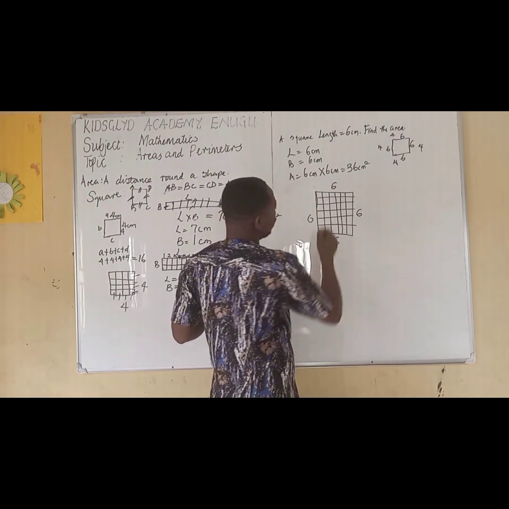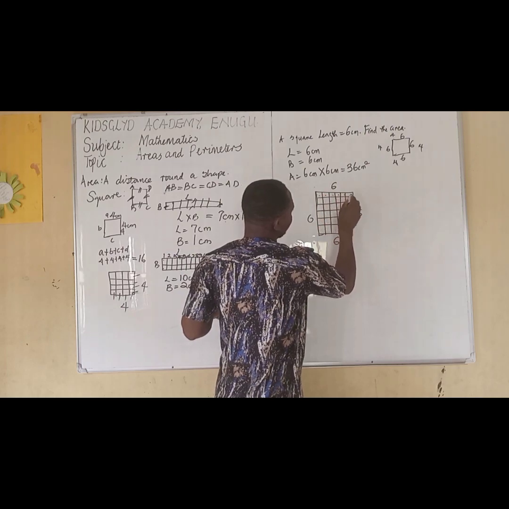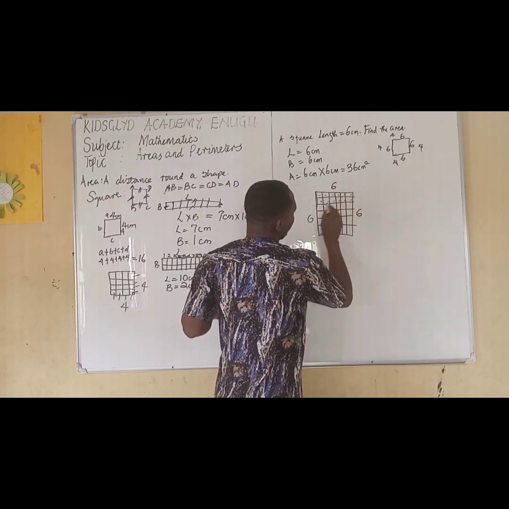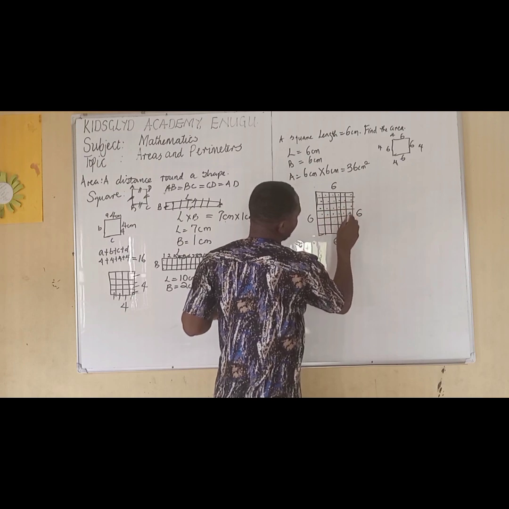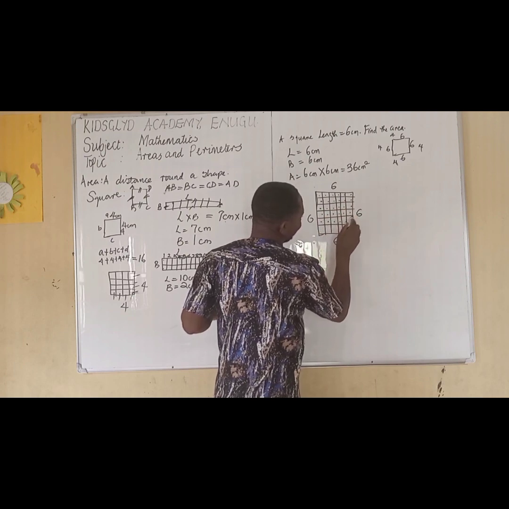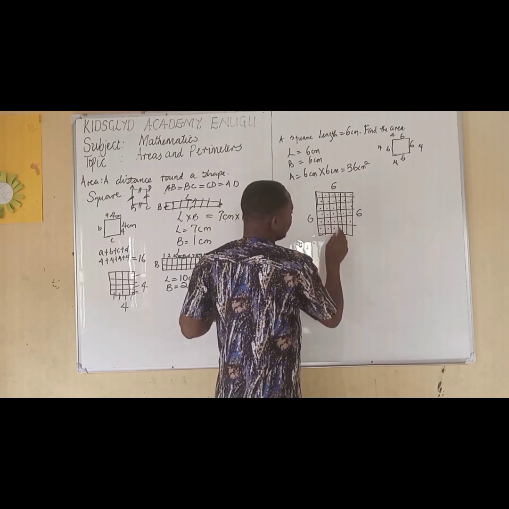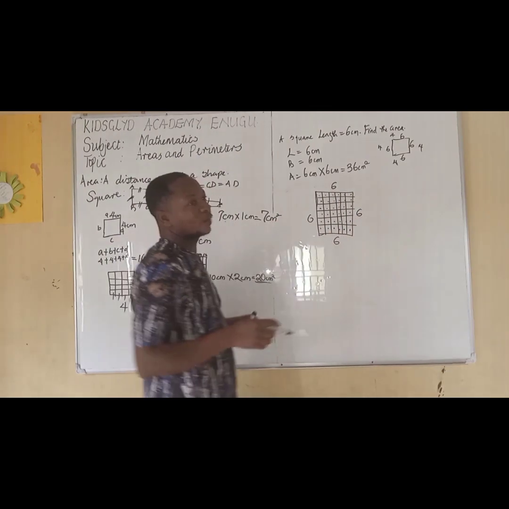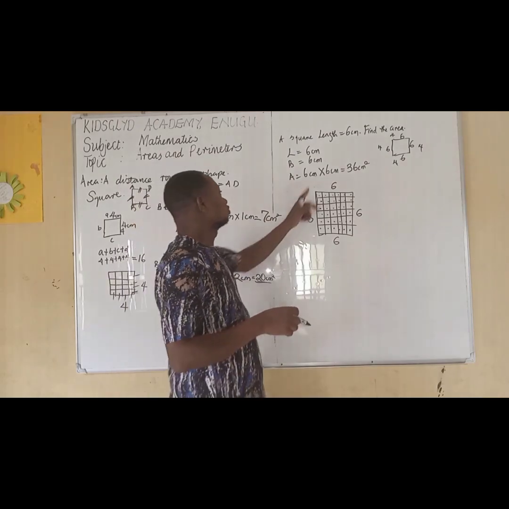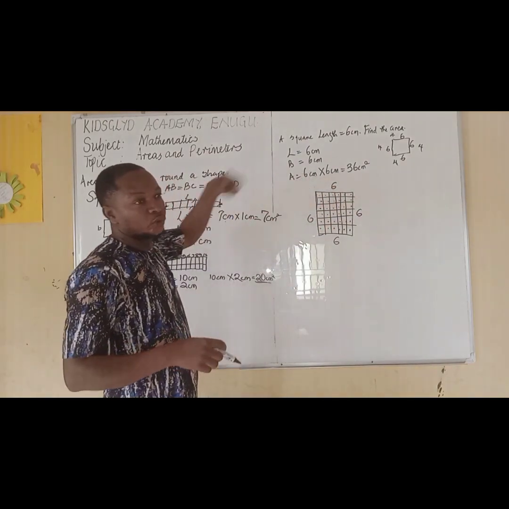Now let's count all the shapes and see. 1, 2, 3, 4, 5, 6, 7, 8, 9, 10, 11, 12, 13, 14, 15, 16, 17, 18, 19, 20, 21, 22, 23, 24, 25, 26, 27, 28, 29, 30, 31, 32, 33, 34, 35, and 36. So that is why I said, in this case, it's only the multiplication part that works.